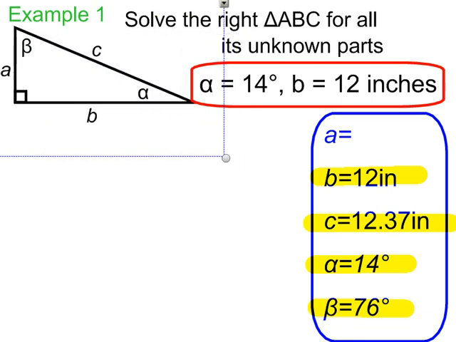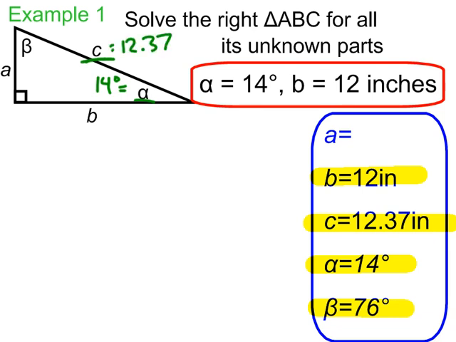So let's solve using the sine of 14 degrees. That's because alpha is the 14 degrees that we were given. And again, relative to that alpha, I know that C is 12.37 now. And even better, I've got it stored in my calculator, 12.37 inches.